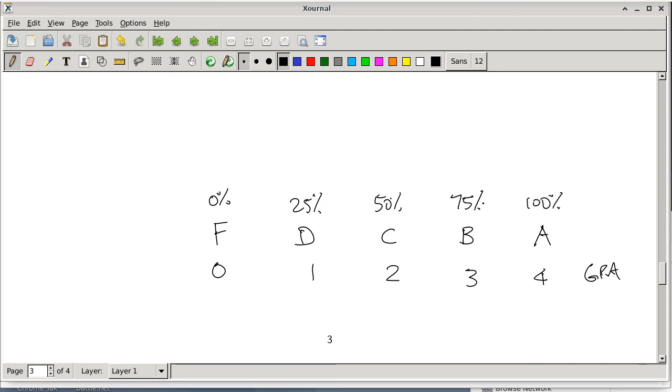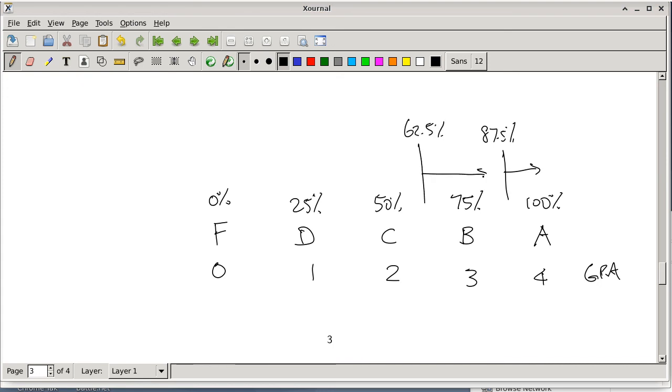But these are centers of each grade. So I have to say, okay, but what is the range of a particular grade? Well, I just choose the midpoints. Guess where the midpoint is between A and B? 87.5%, yes. So that's why 87.5% or more is an A. And then between these two is 62.5%.